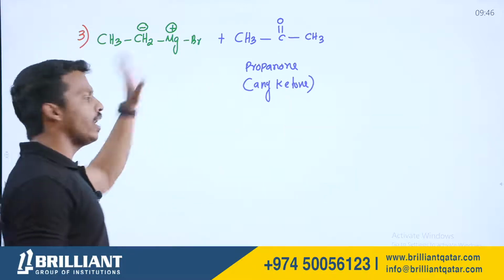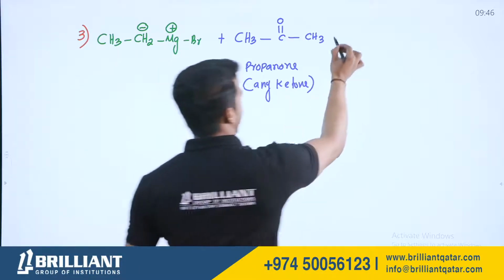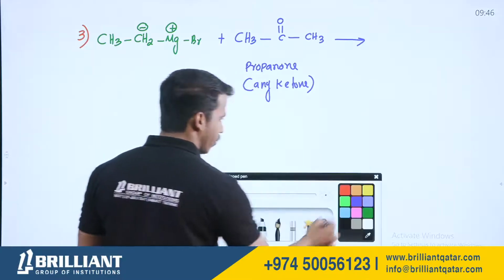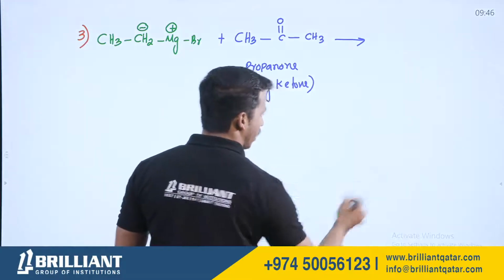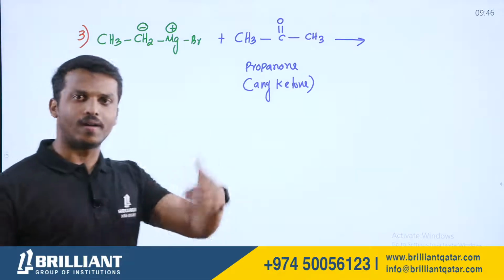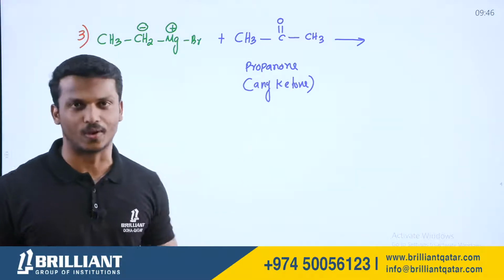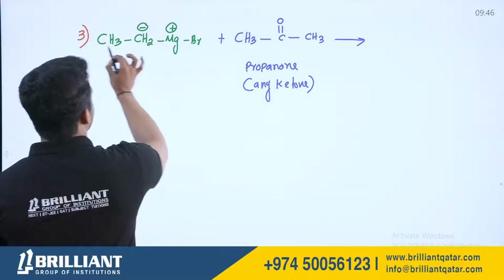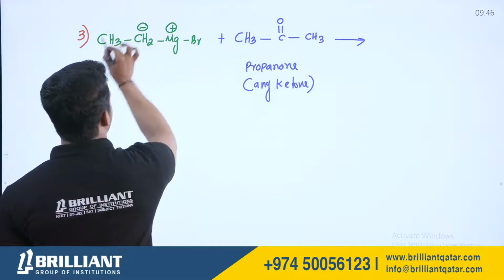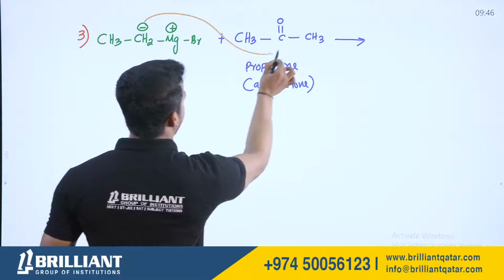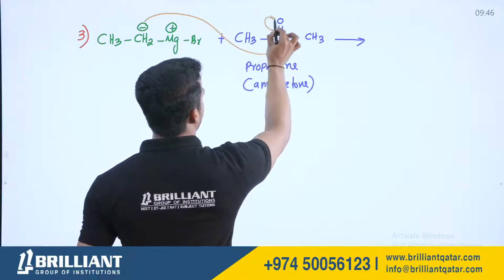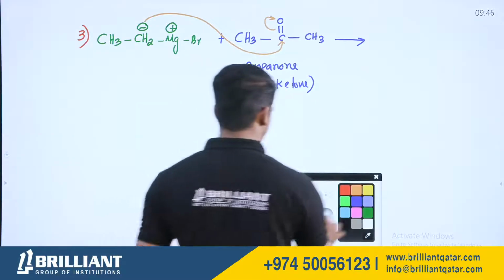When reacted with any Grignard reagent, your product is guaranteed. Dear student, when you're watching this video, just pause the video and do the mechanism once again. Check whether you're getting a tertiary alcohol or not. Anyway, I'm continuing. So CH3CH2 minus, this is the negative part. It will go and attack this carbon, so this becomes O minus. Let me write the product here.